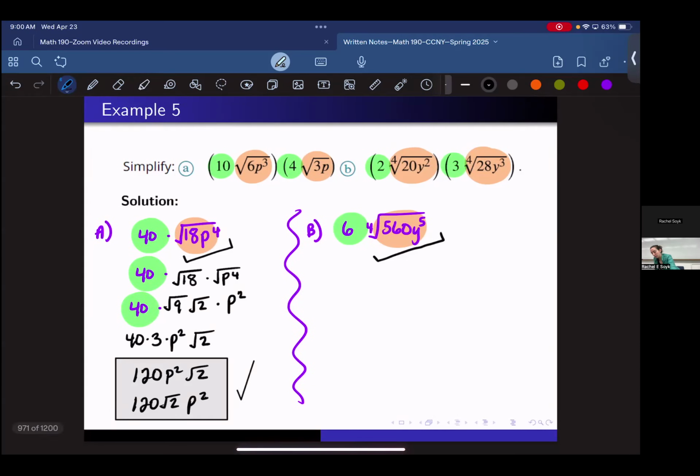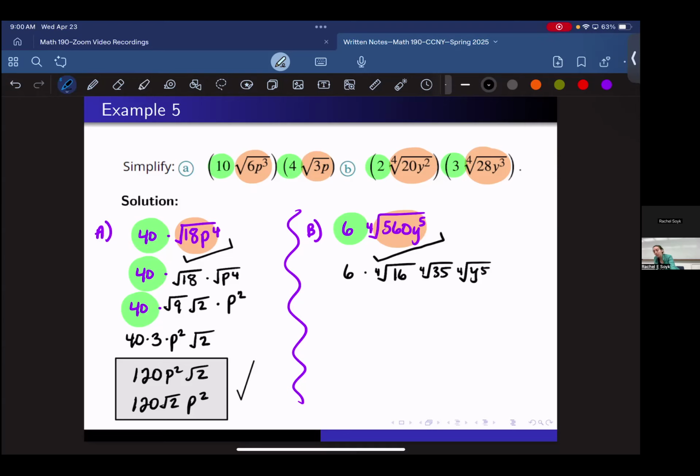So we can break this up into the quartic root of 16 times the quartic root of 35, and then times the quartic root of y to the fifth, which can be broken up a little further, but we'll hold on that until the next row.